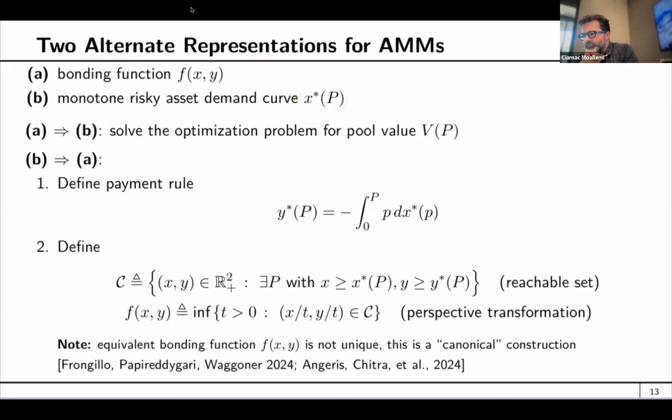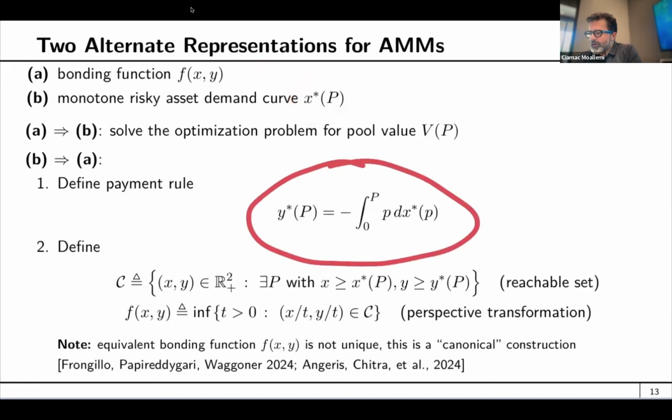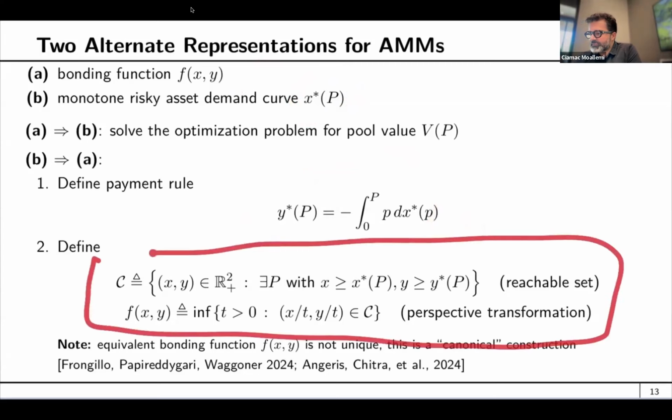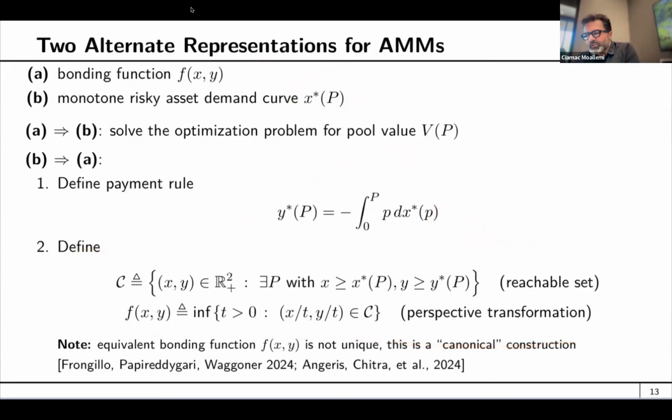But one construction is to start out with this x star of p, first define the payment rule, in the Myersonian language, or in the automated market maker language, define how much of the cash asset is held at every price level, and we already know how to do that. And the second bit is to do some convex analysis, which involves, in particular, a perspective transform.